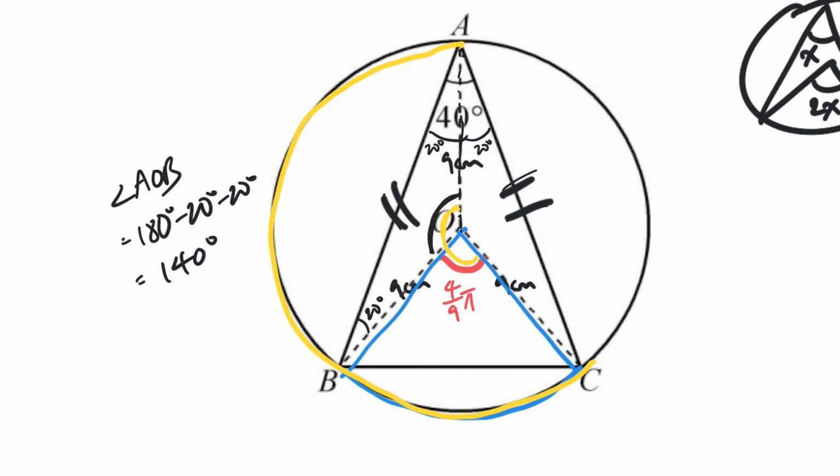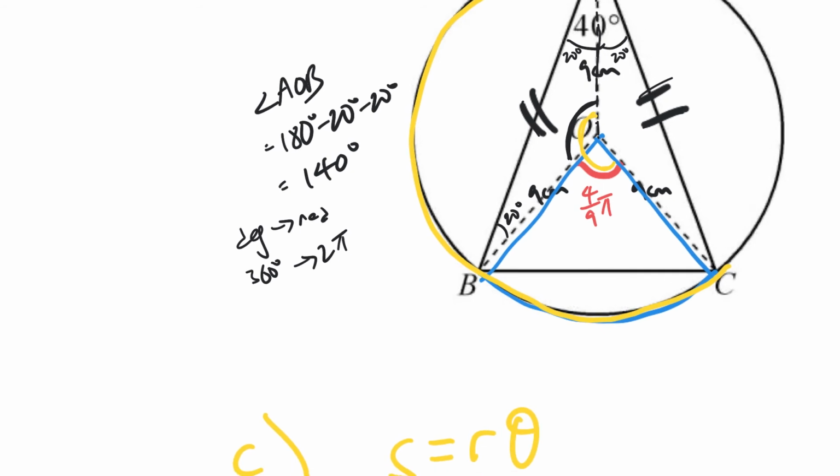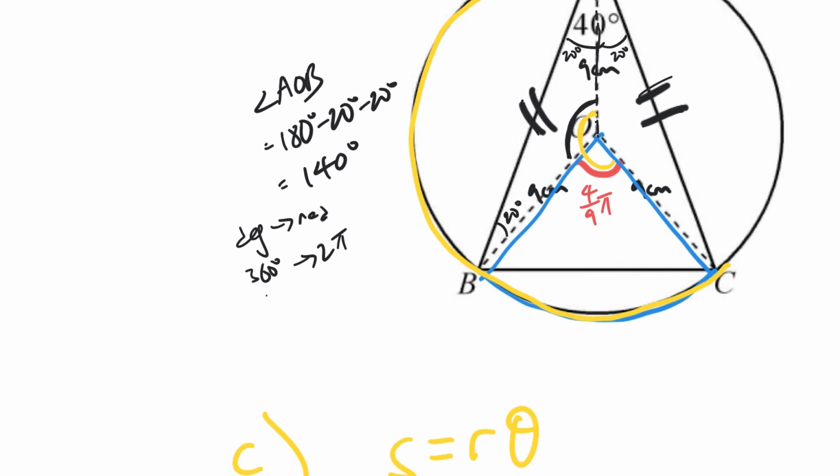Now, I have the other angle in radians, so I have to convert 140 to radians, and then I can add them together. So degrees to radians. Once again, just go through the whole drill. This is 1 degree, and this is 140 degrees.